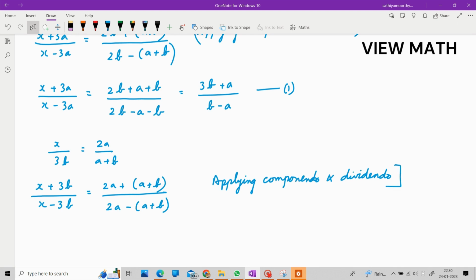Applying the componendo and dividendo property, I have got this. Let me simplify it. I simplify, I get in the numerator 3a plus b, in the denominator I get a minus b.